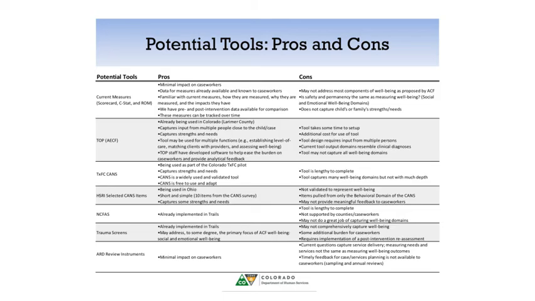We sat down and we said, what do we already have going on? What are potential things? Different people in the group were championing different tools. And this is a list. This is actually the abridged list. It was much longer to start. And we kind of came up with pros and cons within our state for each of the tools. So the point of this is really kind of to show you what the process was for us of saying, what do we do?